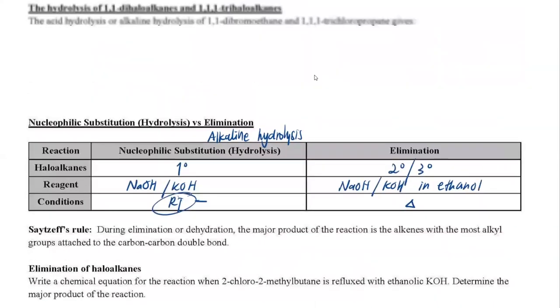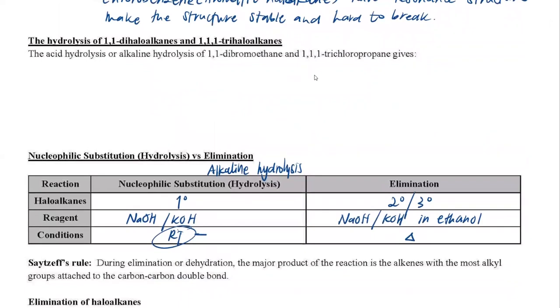All right, so I give you one example here. If we have 1,1-dibromoethane, this is ethane, this is 1,1-dibromoethane.